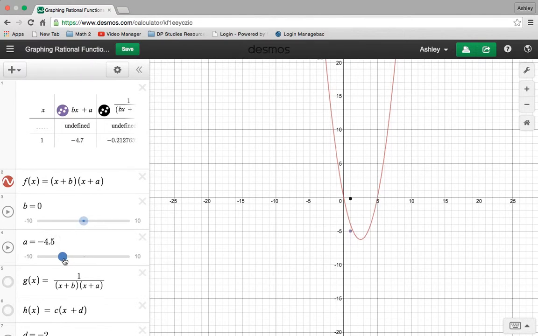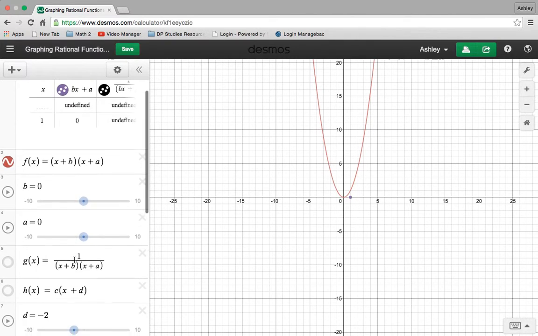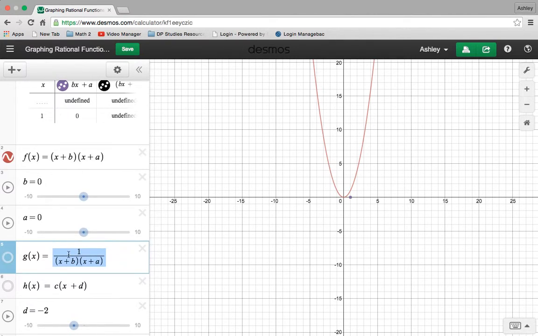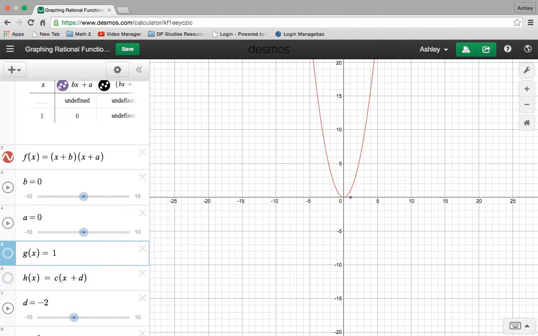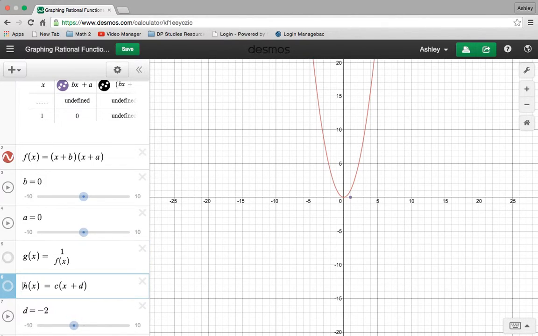That would make our two roots a double root, or roots that are equal. It depends on how you want to talk about it. So here's our parent function. Now I'm going to write g of x as 1 over f of x, so that we clearly remember what it is. And then we're going to graph it.